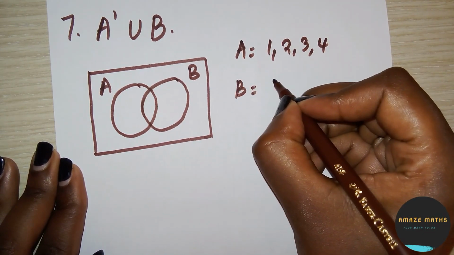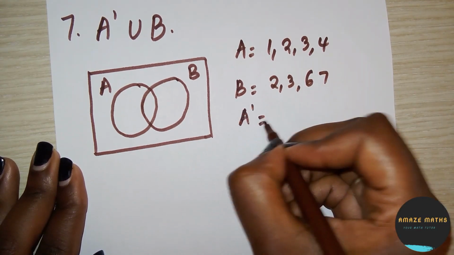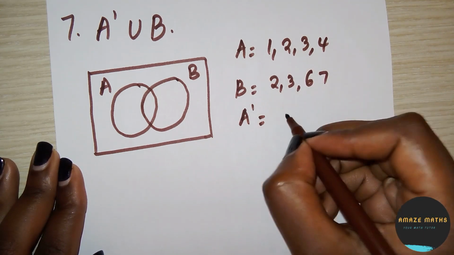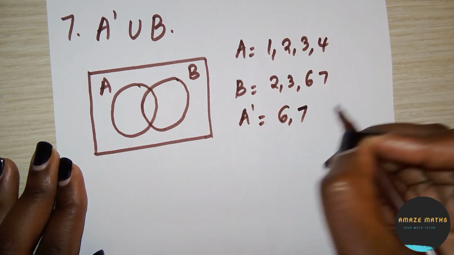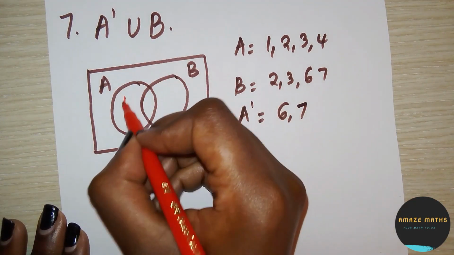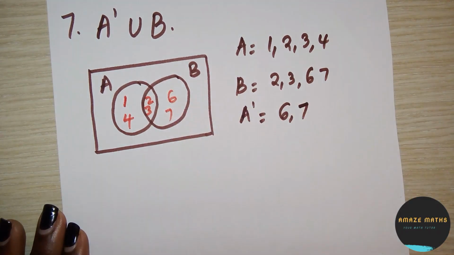B we can use 2, 3, 6, 7. Outside of A would be all the members that are not here, but are here. So we have 6 and 7. Now let's put them inside. So we have 1 and 4, 2 and 3 is common, 6 and 7.